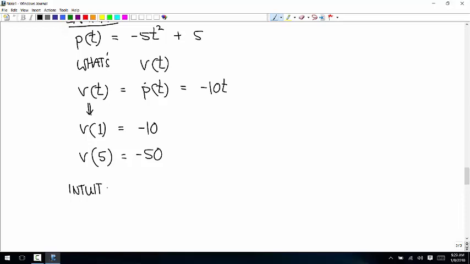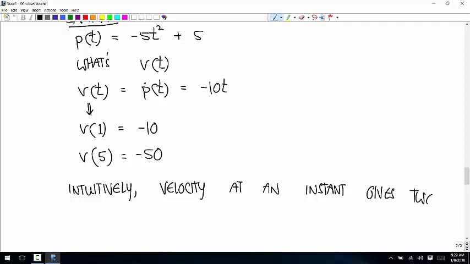Okay, so intuitively, velocity at an instant gives two pieces of information.